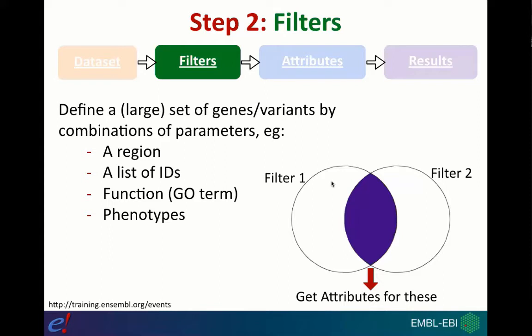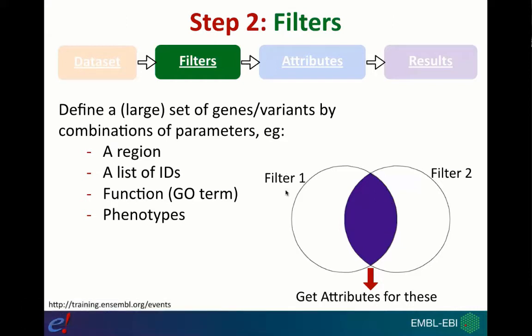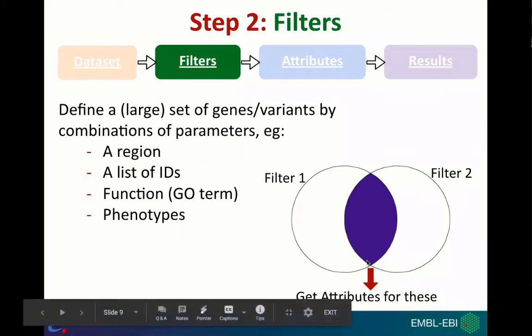If I said in step 1, I'm interested in the mouse genes, and filter 1 is a genomic region, the whole of chromosome 9, and then filter 2 is with a transmembrane domain, what I'm actually going to retrieve is information for mouse genes on chromosome 9 with a transmembrane domain. So I'm basically going to retrieve things that satisfy all the filters at the same time, and I'm only going to retrieve attributes for those genes.